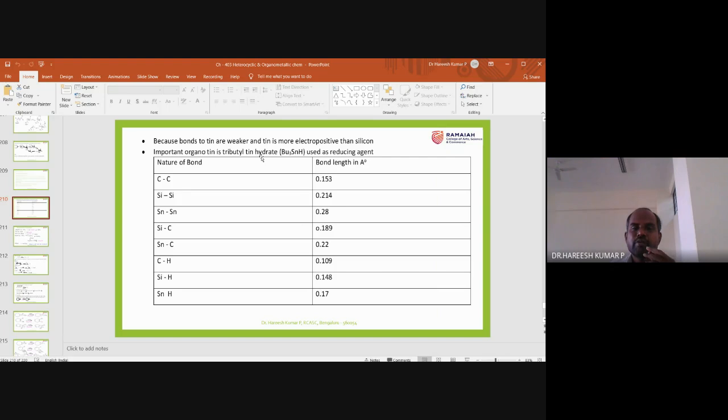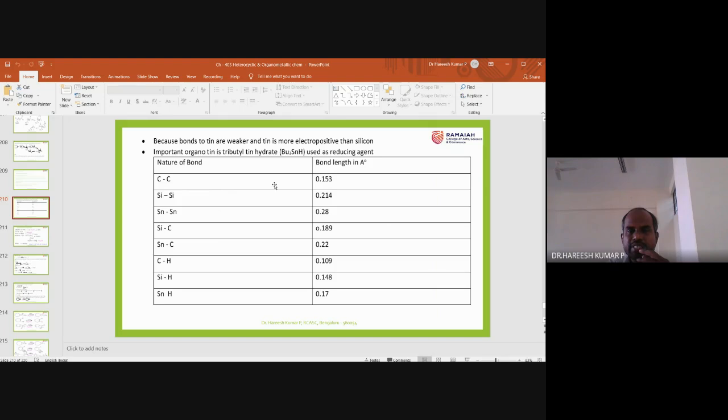TBTH means tributyl tin hydride. Bu3SnH is also called tributyl tin hydride. This is the most important organotin compound, and it is used as a reducing agent.